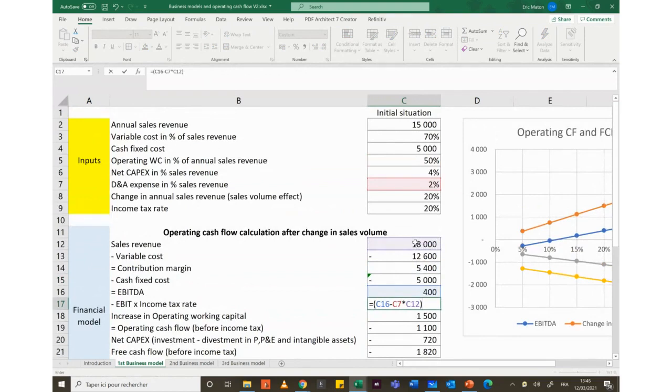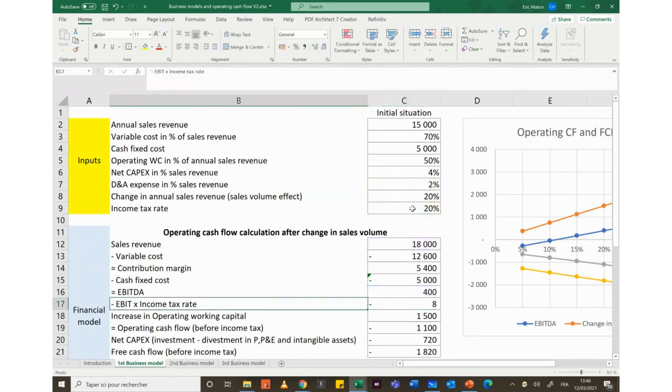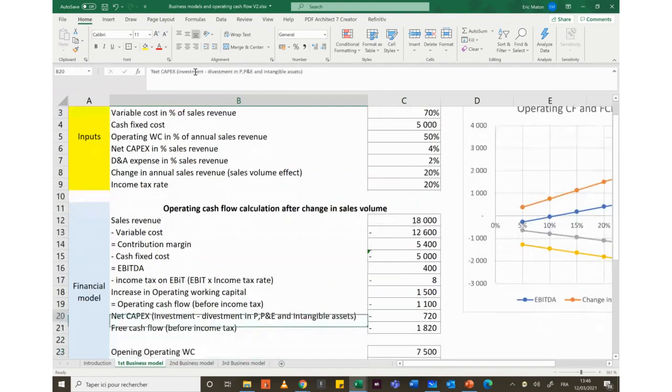And now we calculate the impact on the income tax. So it's negative, and because of this, we have this income tax to pay. So here is minus income tax on EBIT. It's EBIT multiplied by income tax rate. Minus 8.